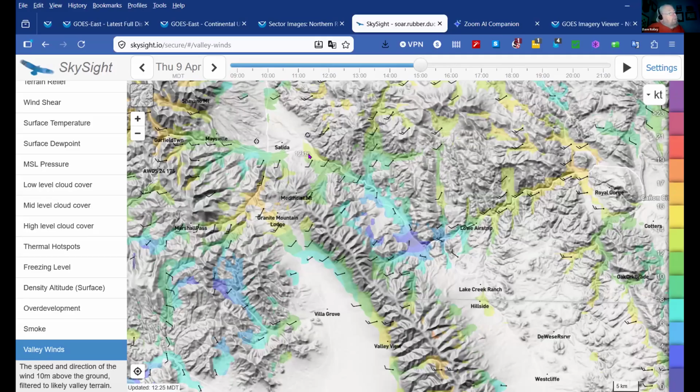The genesis for trying to pull this together is there was an accident a while back where they couldn't figure out why they didn't make it to the airport. They ended up putting it down some distance away from the airport. And yeah, there's the Salida Airport.